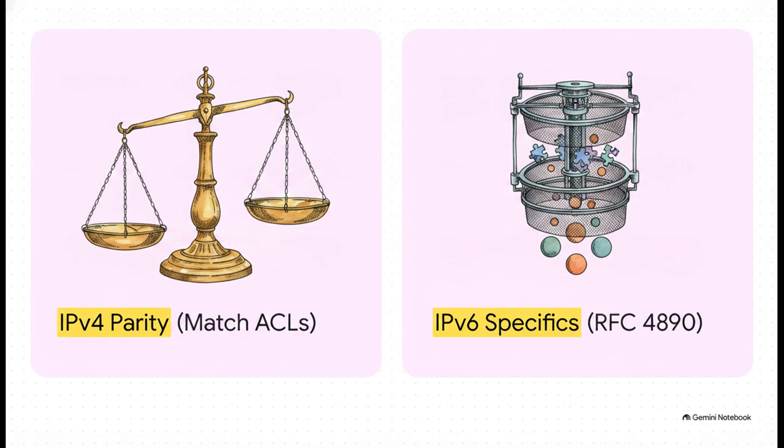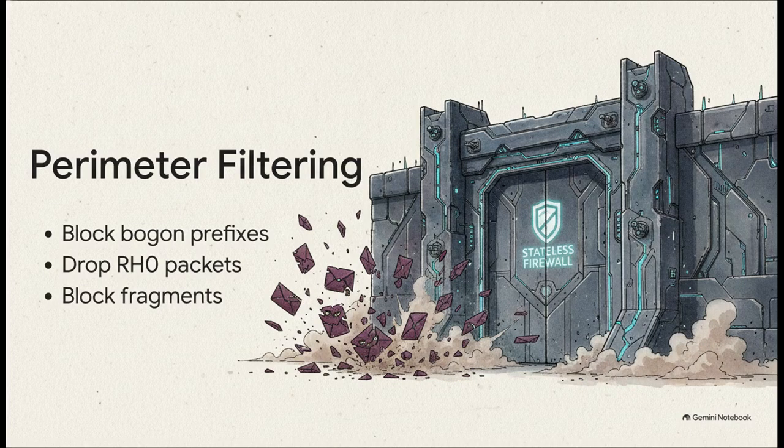So the golden rule here: match your existing IPv4 ACLs for sure, but follow RFC 4890 for ICMPv6 so you're filtering intelligently. That means explicitly configuring your perimeter devices to block all bogon prefixes, drop routing header 0 or RH0 packets, and block fragmented ICMPv6 traffic before it ever even touches your internal hosts.